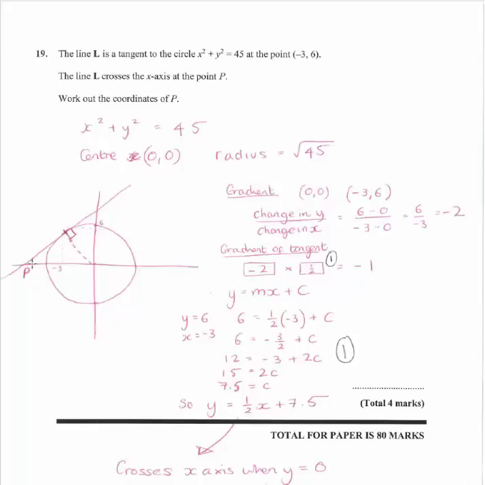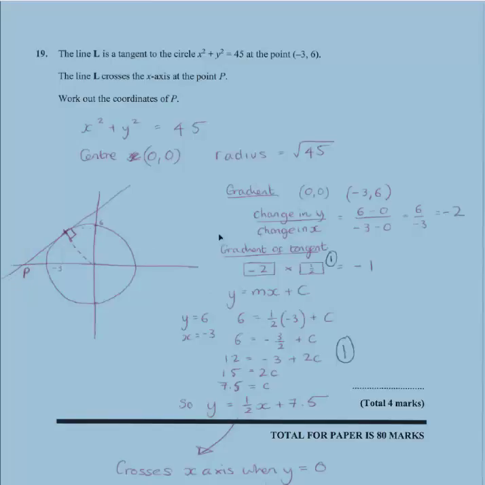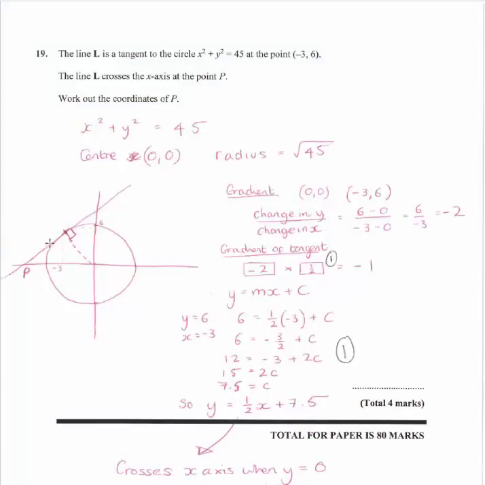Now two lines, when they're at right angles to each other, their gradients multiply together to make -1. So if this line has a gradient of -2, what would we multiply -2 by to make -1? Answer, a half. So the gradient of this line is a half. A quick double check: it's not as steep as this one, which is sloping down. As we go from left to right, it's a positive gradient, so a half makes sense to me.